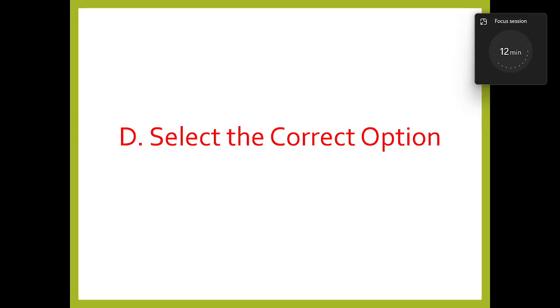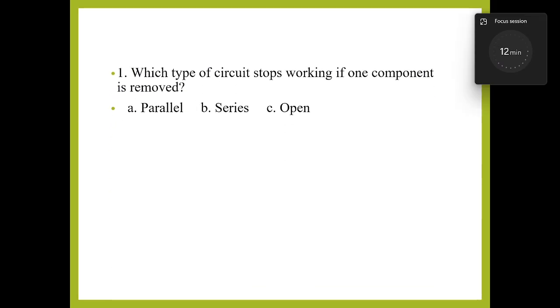D. Select the correct option. We have multiple choice question. We are going to pick one correct answer. First question. Which type of the circuit stops working if one component is removed? If let's say you have three bulbs connected in series and in parallel, or there is open option also.